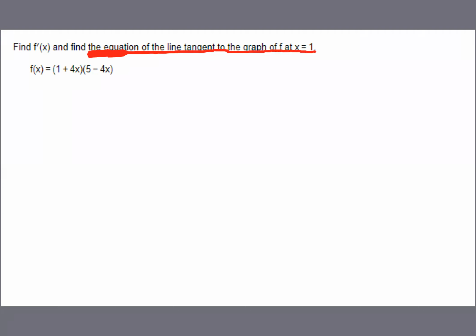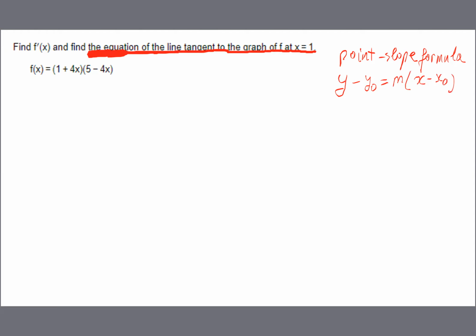Okay, so let's review the equations of lines first. If we're given a point and the slope, we find the equation of the line by using the point slope formula, which is y minus y0 equals the slope times x minus x0.